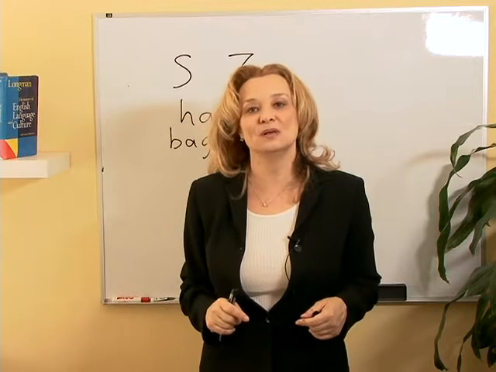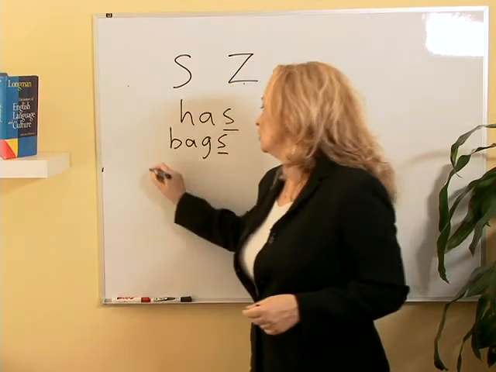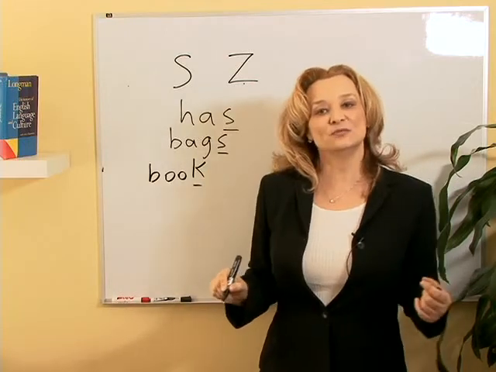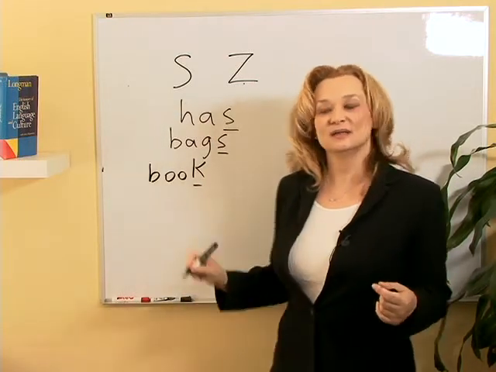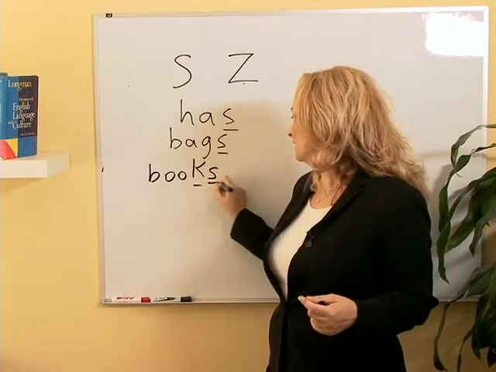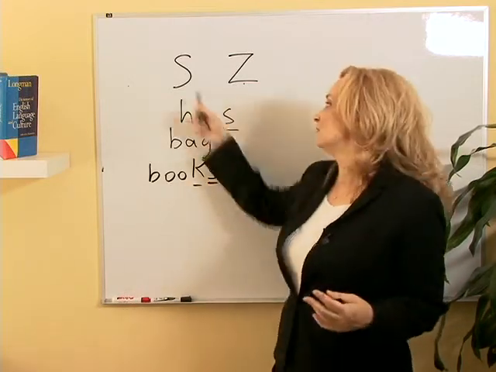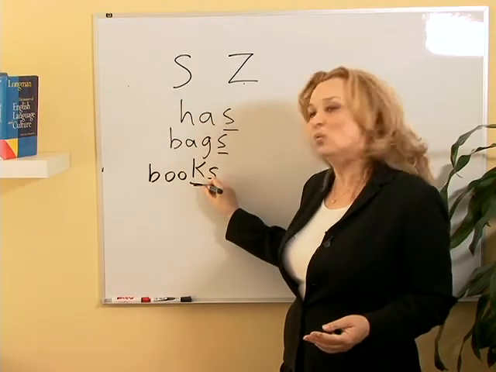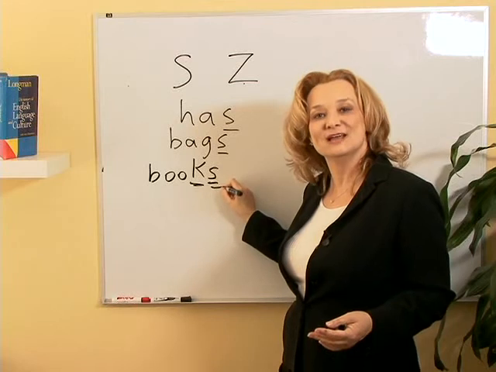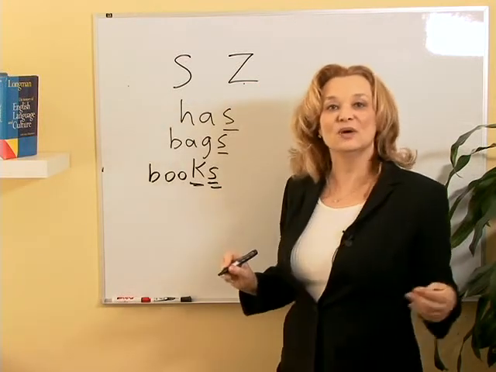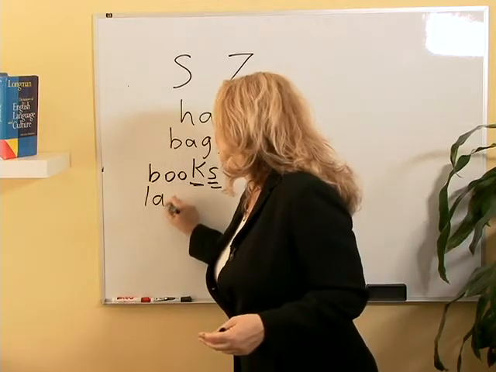For example, if we say book, this K is voiceless. K, k, k. Therefore, the S that comes after that also remains voiceless, which is an S. One voiceless sound next to another voiceless sound. Let me give you another example.